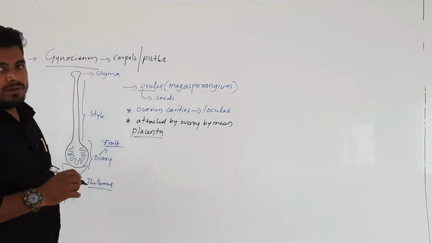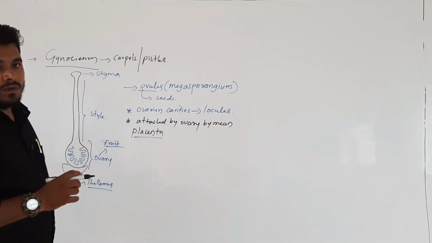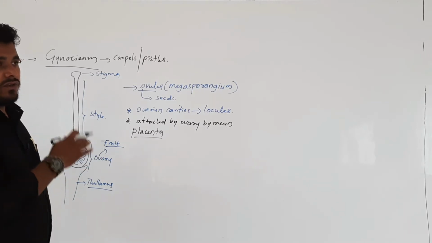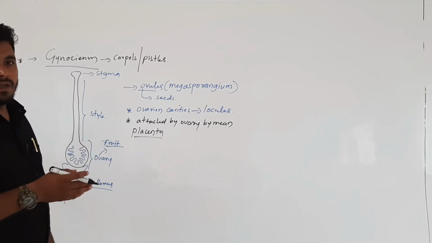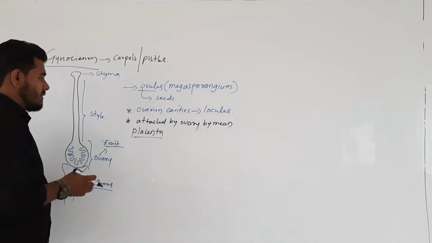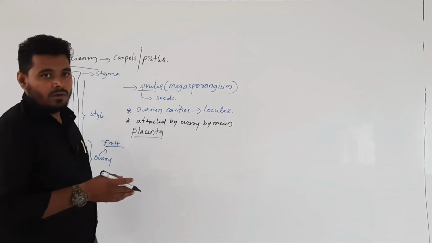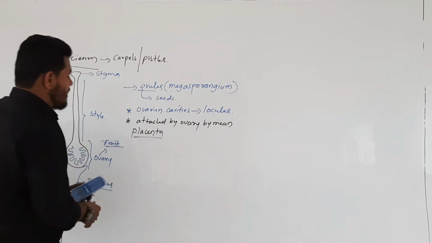The arrangement of ovules within the ovary is called placentation. In the first year you have studied the different types of placentation: axial, free central, marginal. All these are examples you have studied.